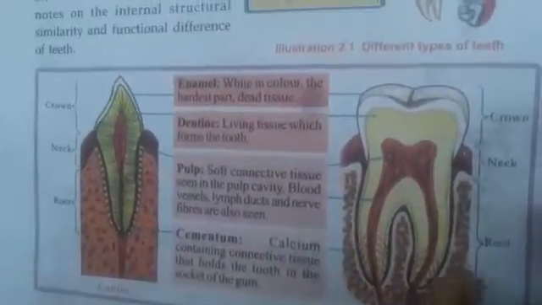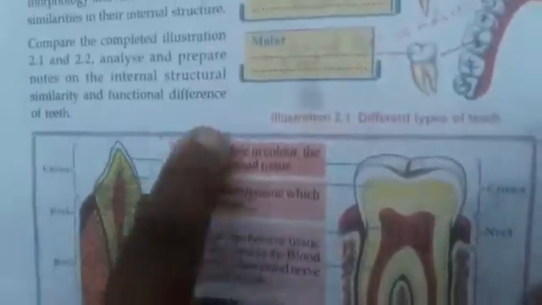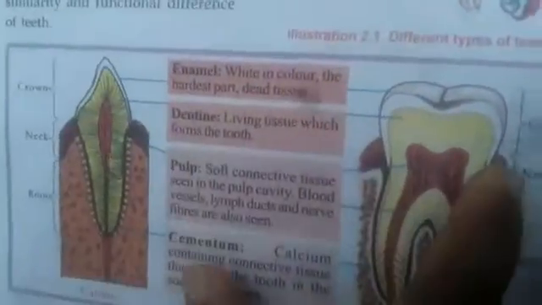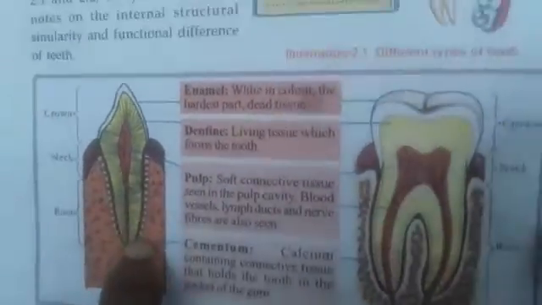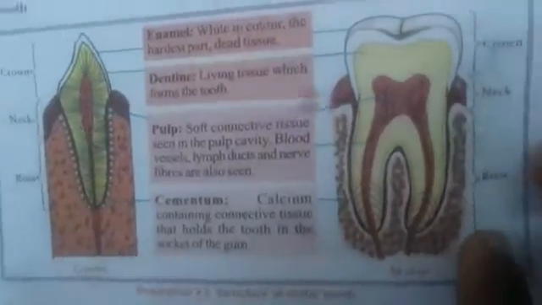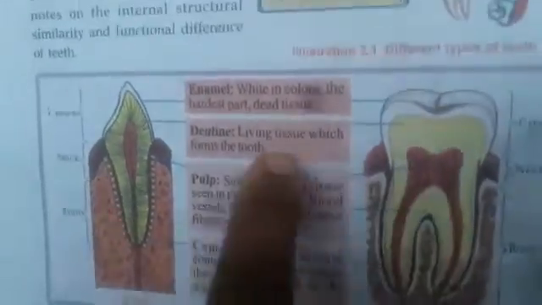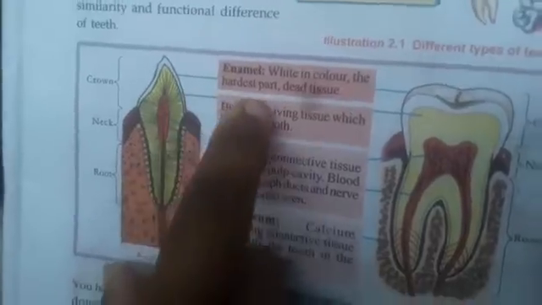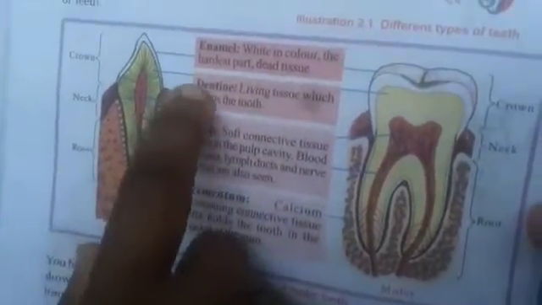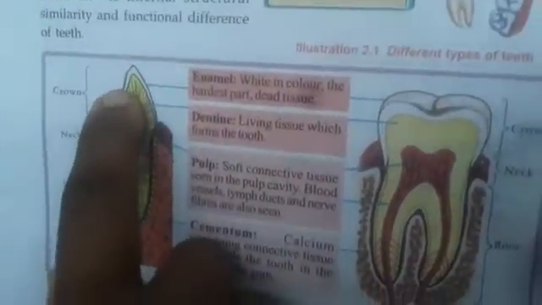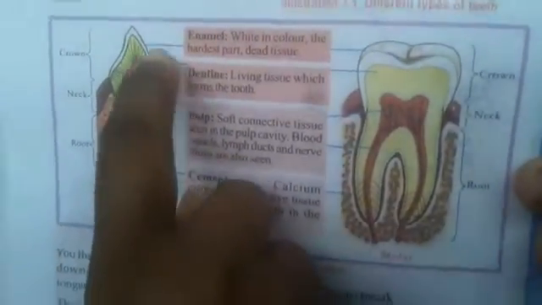Here you can see some differences. This outer part is the crown, the middle part is the neck, and the end part is the root, and the crown part is seen above the gum. Here you can see the crown of the canine tooth.